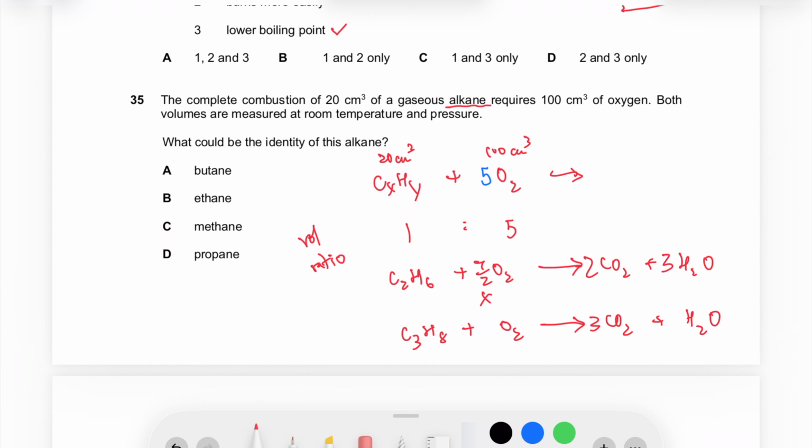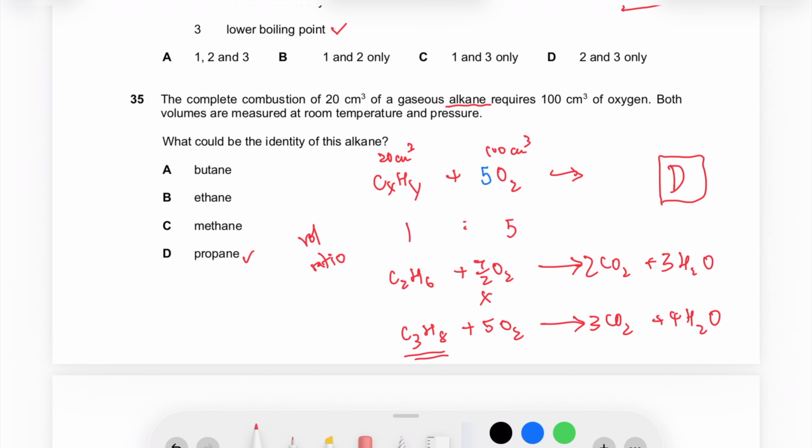So 3 carbon and then 4, so you get 6, 10, so it's 5. Yeah, that's the one. Okay, so answer will be propane, 3 carbon. So answer is D. So this one you just have to do trial and error until you get the correct ratio, which is 1:5. Okay.